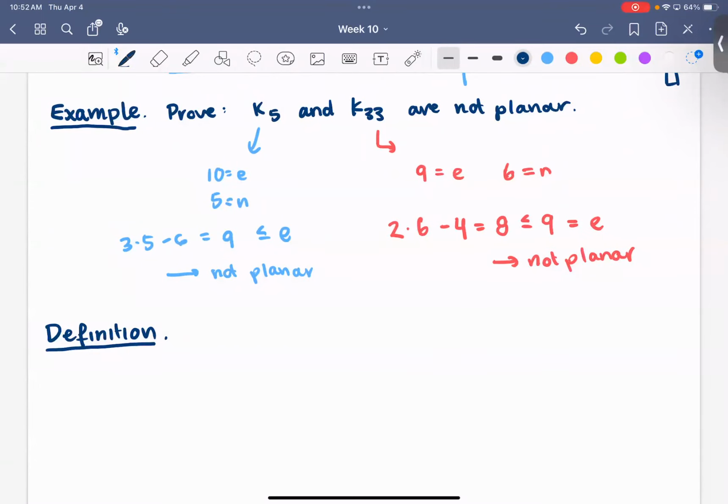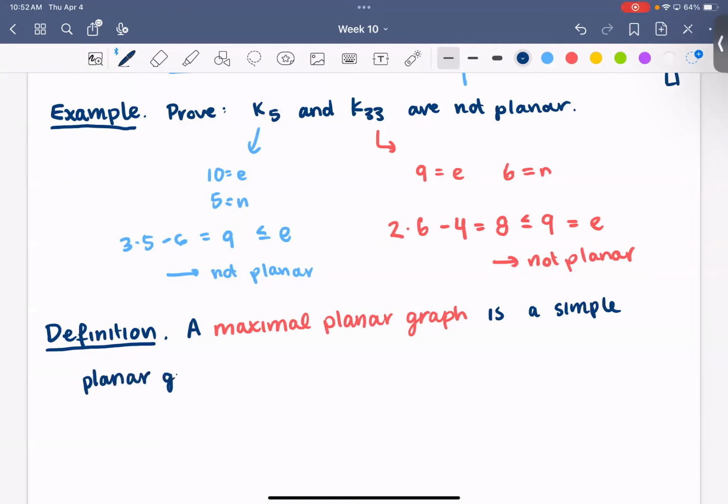We're going to say a maximal planar graph is a simple planar graph that is not a spanning subgraph of another planar graph.